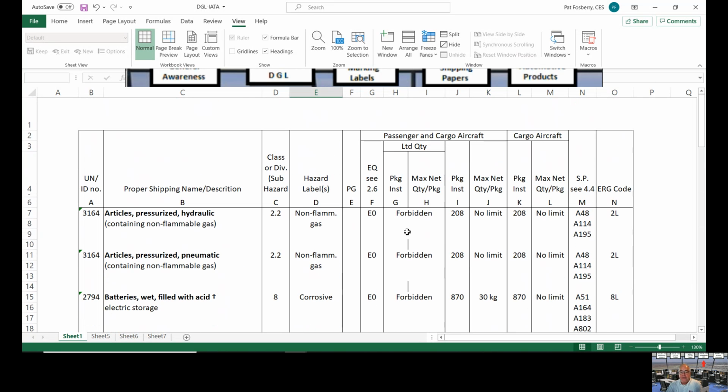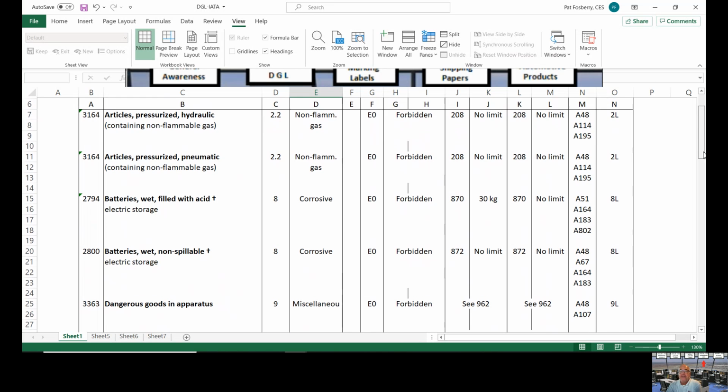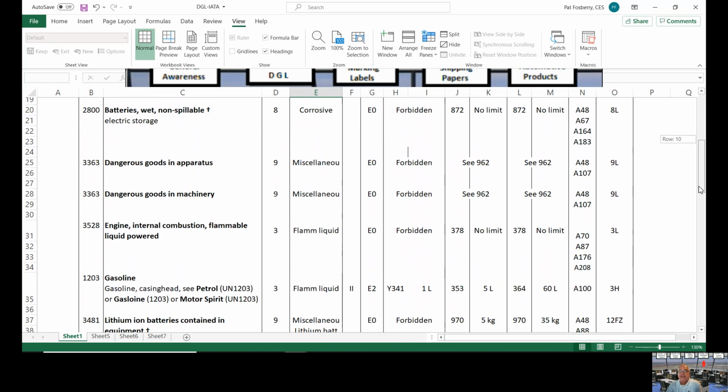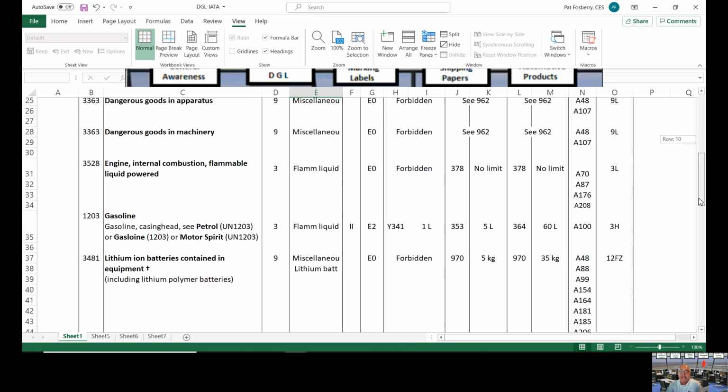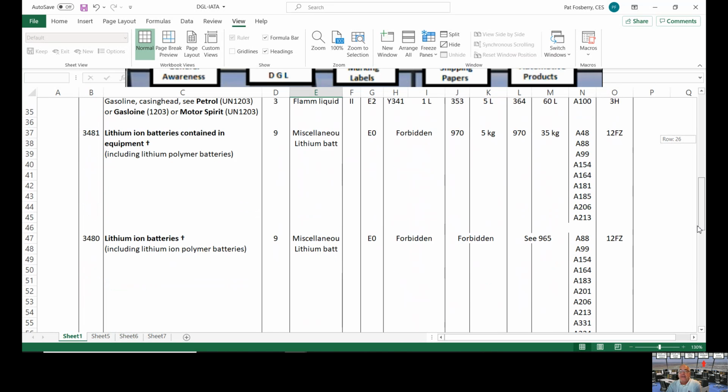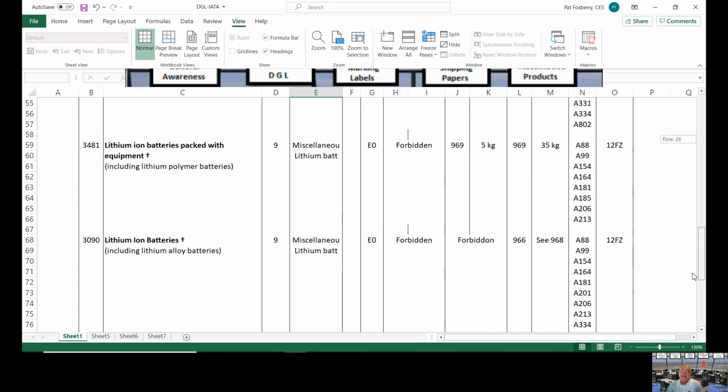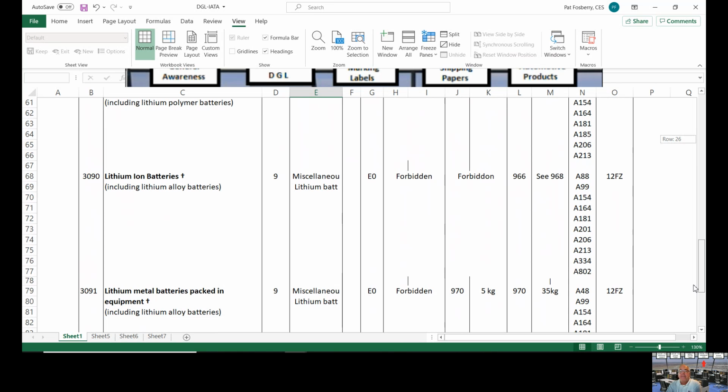Now, if it doesn't qualify for any of those and you can't go in, then you have to go over to your cargo aircraft and you'll see the packing instructions. Most of the time, you'll see that they're the same package and instruction. The gasoline is a different one, but your lithium-ion batteries, when there is one, they are the same.